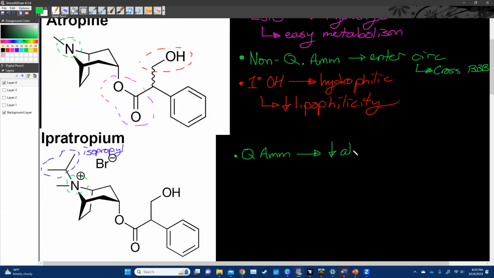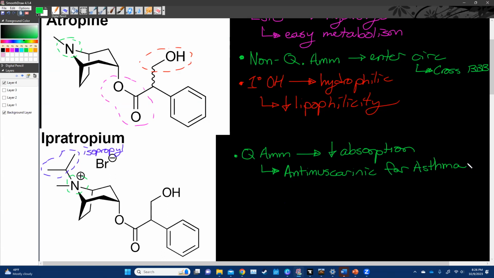So we decrease absorption, which, if you guys remember, ipratropium is used primarily as an antimuscarinic for asthma. Exactly, it's an inhaler. So why does having this isopropyl group make it the best drug over atropine for an inhaler?